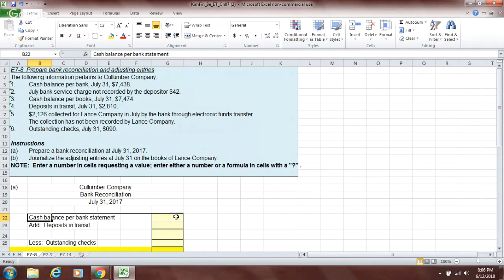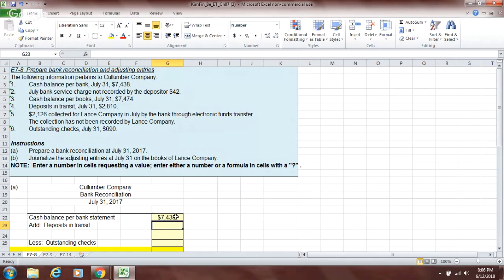So we're going to begin with item number 1, which says the cash balance per bank for July 31st is $7,438. To this, we have to add the deposits in transit, deposits that we already had recorded in our books, but that have not been recorded in the bank.